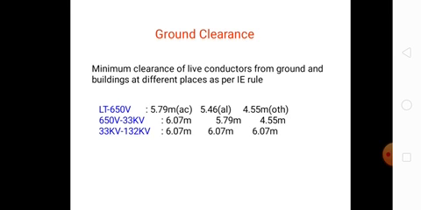The minimum ground clearance for extra high tension line is 6.07 meters up to 132 kV. Beyond 132 kV, that is 132 kV to 220 kV, it is 7.012 meters across the line and along the line.